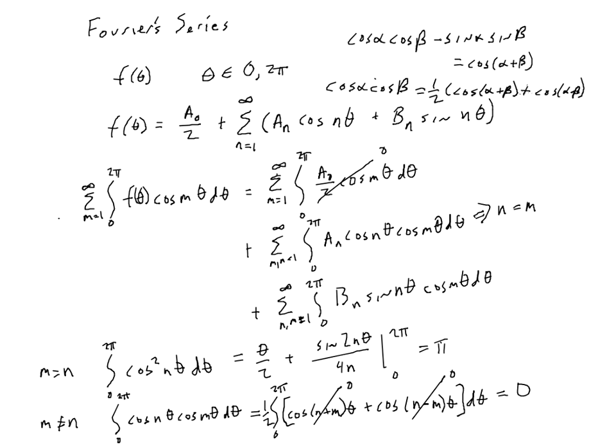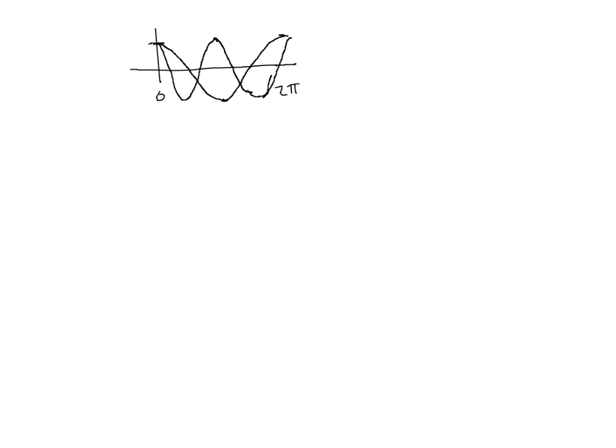Now for the last integral, you have a sine and a cosine. So you have the integral from 0 to 2 pi of sine of n theta, cosine of m theta, d theta. Even if you have n and m equal to each other, this is still going to come out as 0.